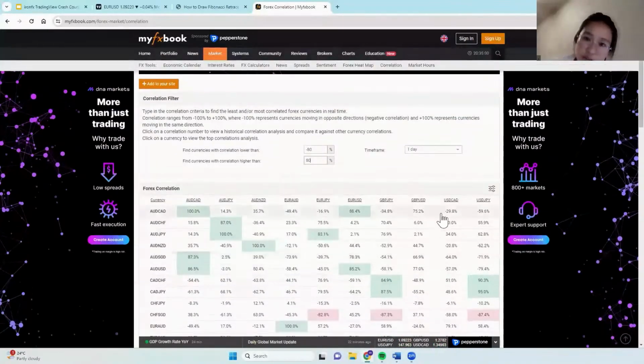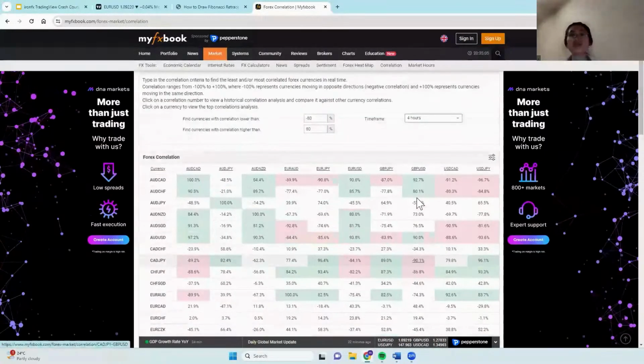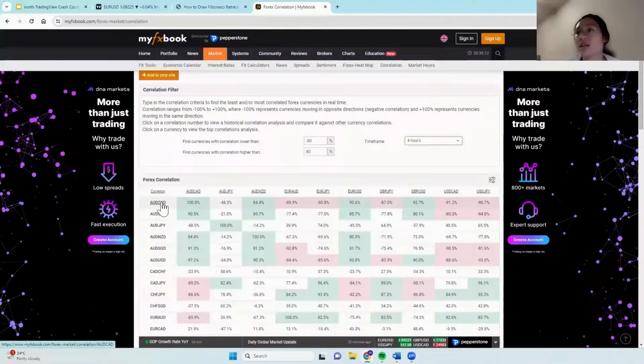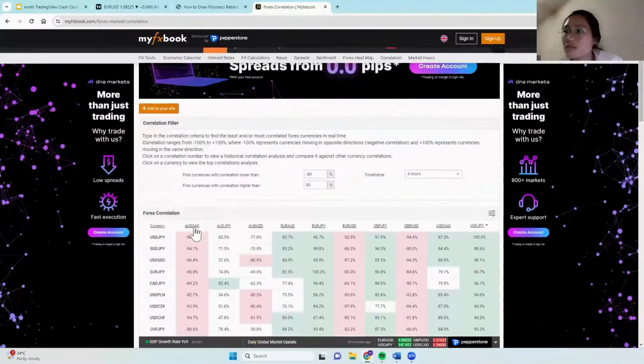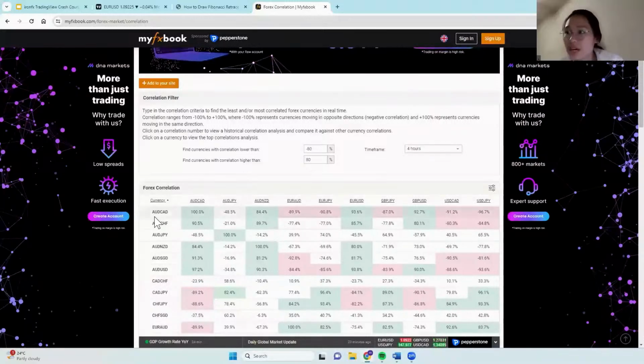And you can choose your time frame depending on your trading strategy. So I'm looking at 4 hours. You can see here, for example, AUD CAD and Euro JPY, it's very negatively correlated. Or actually, let's look at AUD CAD and USD JPY.